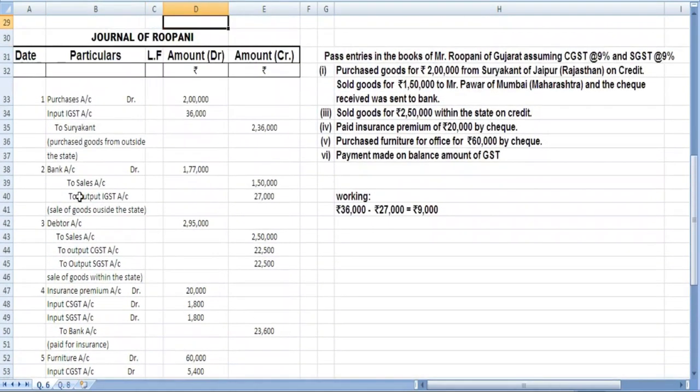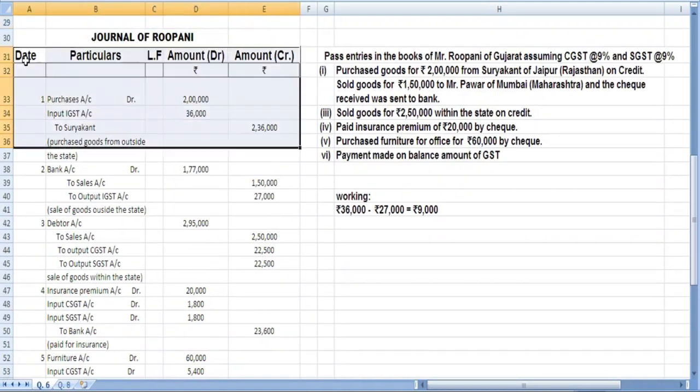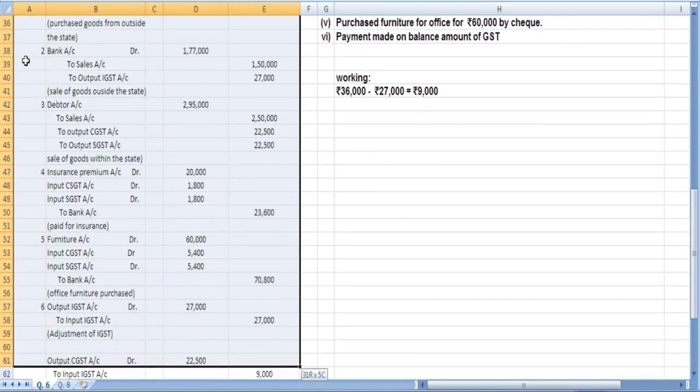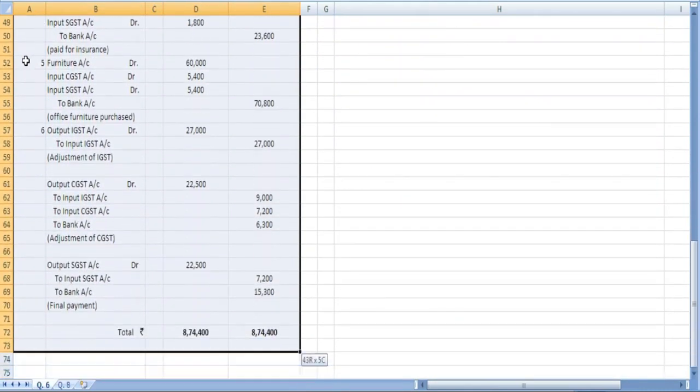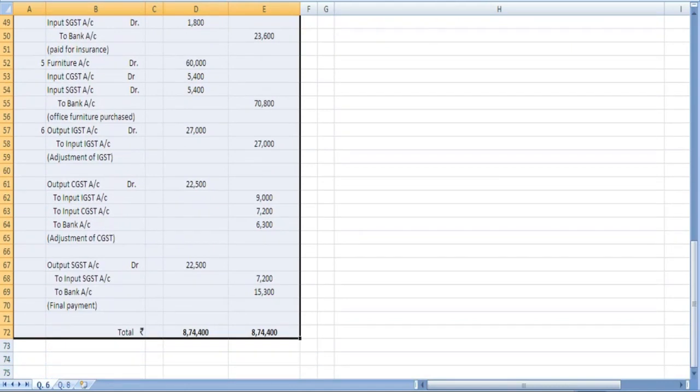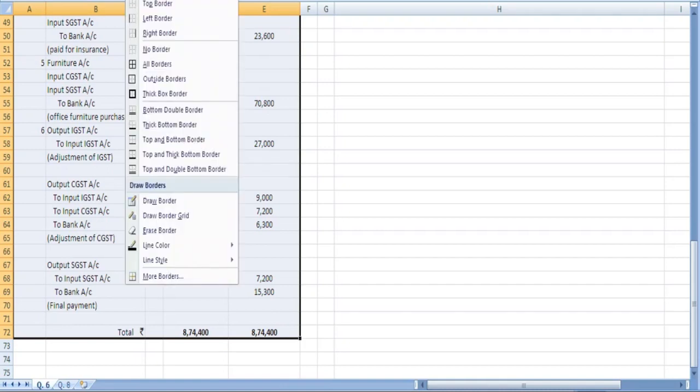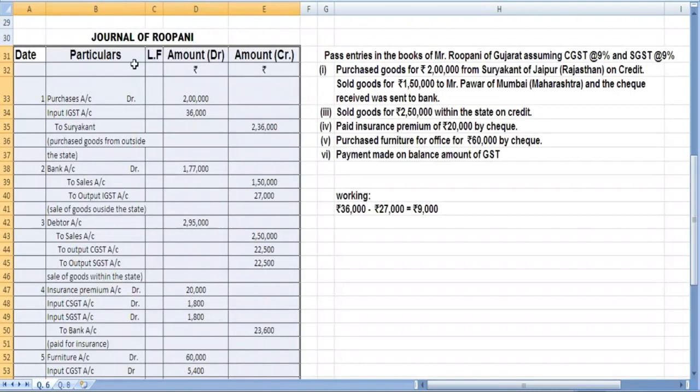So this is the IGST and the adjustment of IGST with CGST, and then output CGST with input CGST, and then the balance is paid off, and then again we adjust output SGST with the input SGST, and then again we pay off the balance.